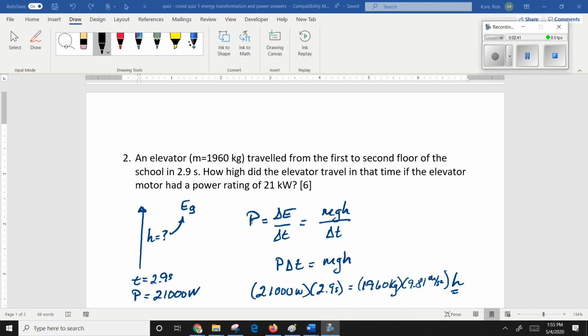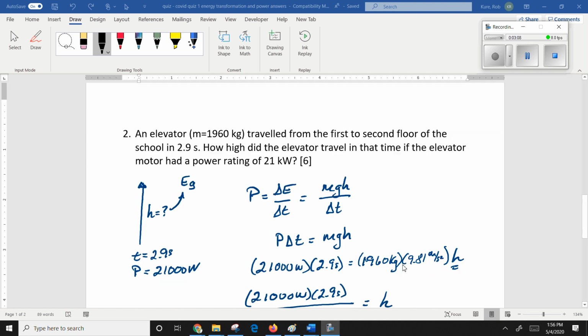So you can do two calculations. You can determine the energy change and then determine the height. I'll do things all in one step. So I'm going to substitute the EG equals mgh equation into the power one. So it'll be power equals mgh over change in time. Bring the time over here, substitute all my values, and then simply solve for h.